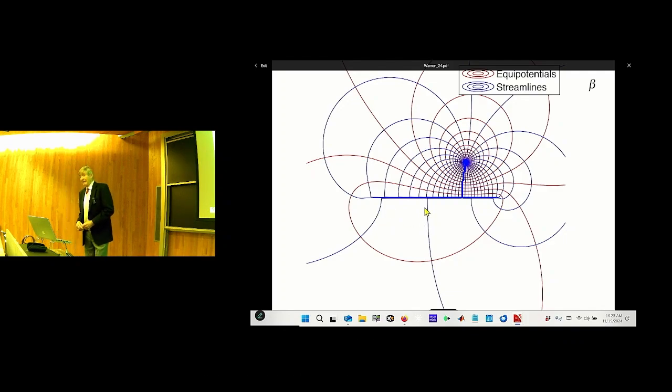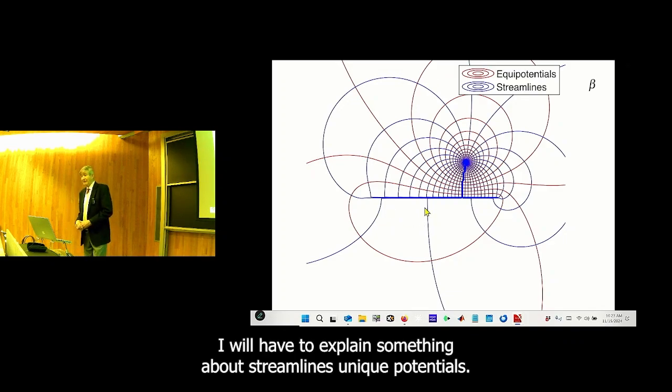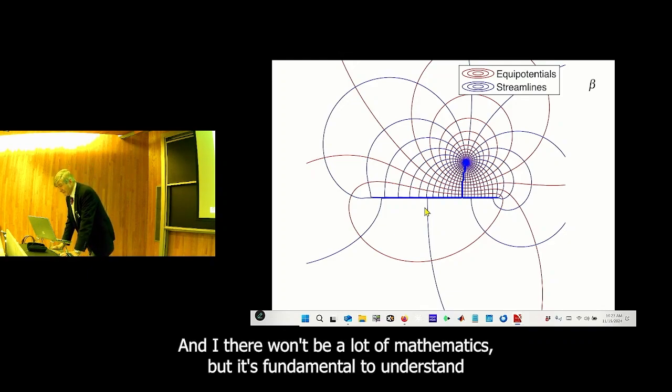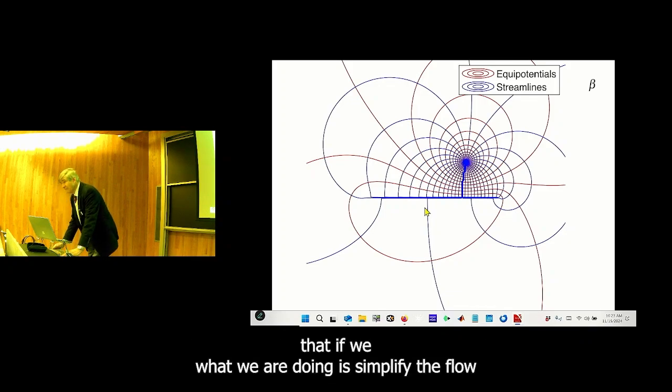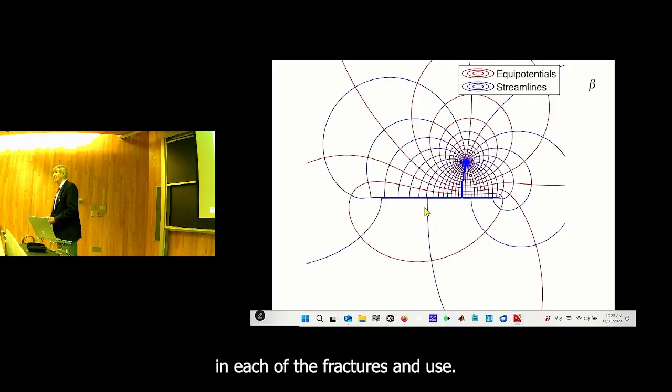Now, I will have to explain something about streamlines and equipotentials. There won't be a lot of mathematics, but it's fundamental to understand that what we are doing is simplifying the flow in each of the fractures, and that's reasonable, that's a very common assumption.